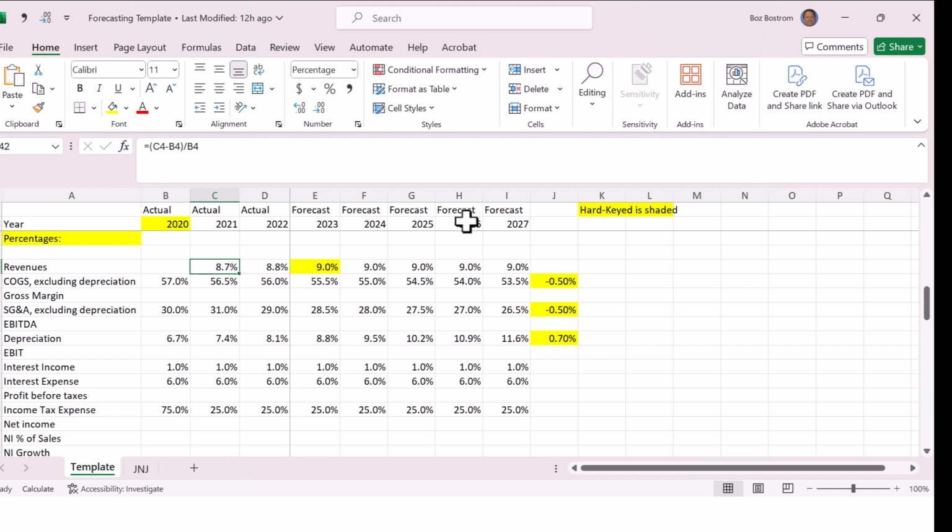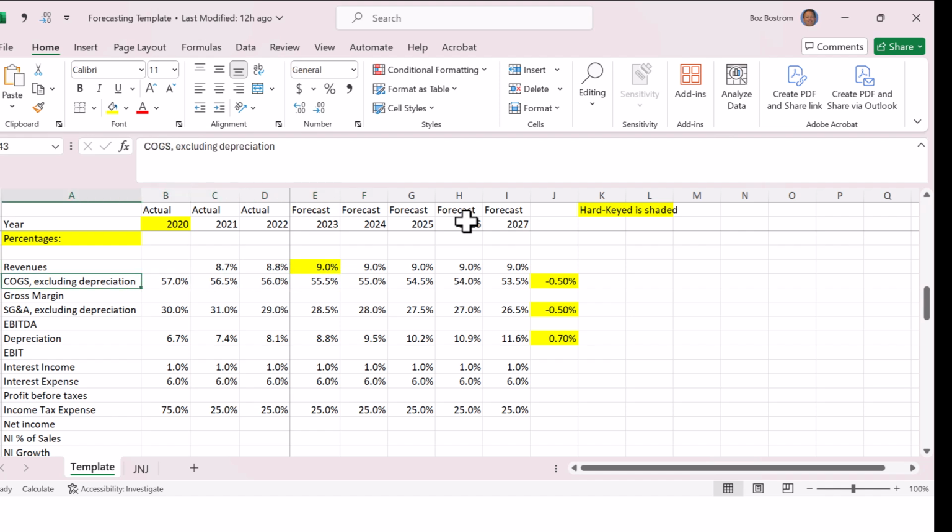The same thing in 2022. Current minus prior divided by prior. So what that means is that we had revenues going up by 8.7%, 8.8%. So absent any better information, we're just going to assume that revenues are going to grow by 9% in our 5 forecast years. That's way too simple for a real valuation, but we're just trying to get the mechanics down here. So we could just assume that.